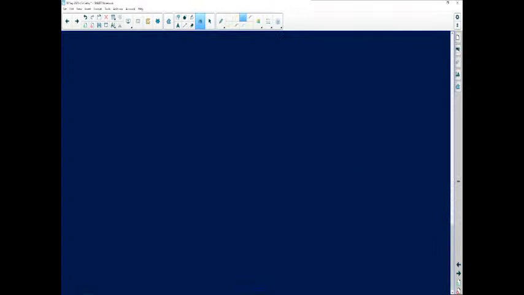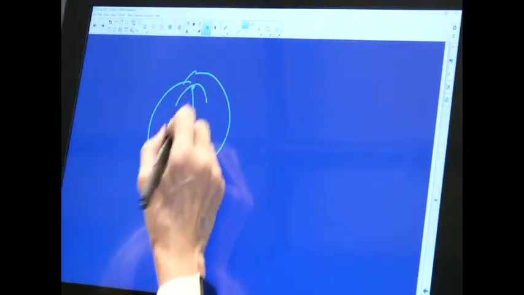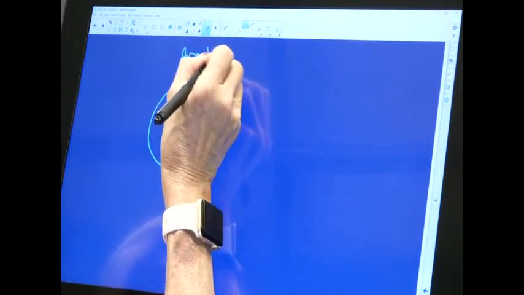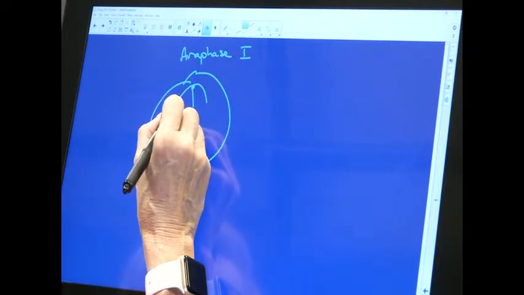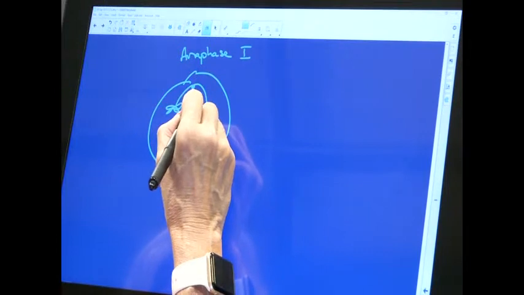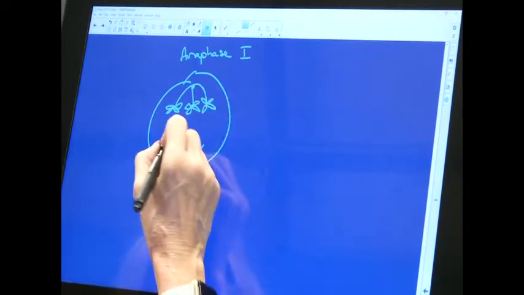If I have anaphase 1, you're going to have, okay, so your chromosomes are now going to be pulled. You've got your, this is anaphase 1. Your chromosomes are going to sit here like this. They look like little butterflies or little bows. I always think of them as little butterflies.